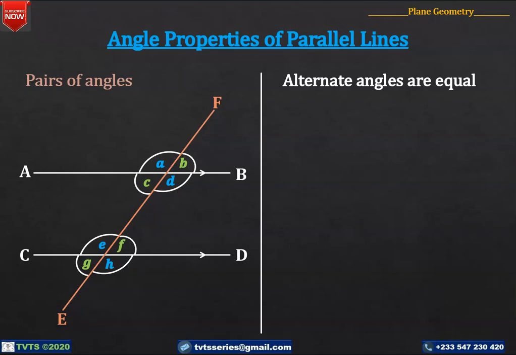The first sets are alternate interior angles, and these are formed within the two parallel lines. So C and F are alternating, and D and E are also alternating. Therefore, C is equal to F and D is equal to E.